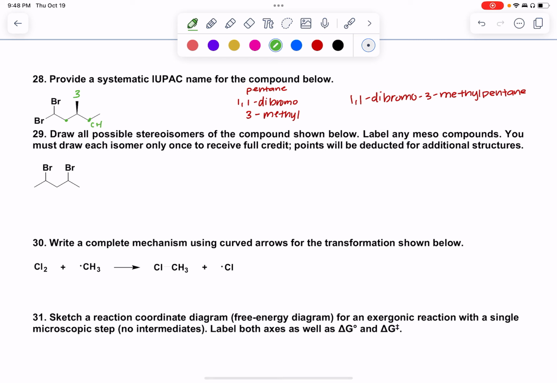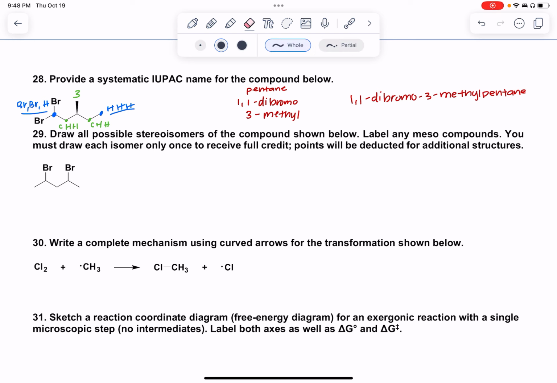They're CHH, CHH. So we're going to move to the next carbon. That's this carbon and this carbon. This carbon's HHH, and this carbon is bromine, bromine, hydrogen. There is an invisible hydrogen here as well. So this one wins over this one.